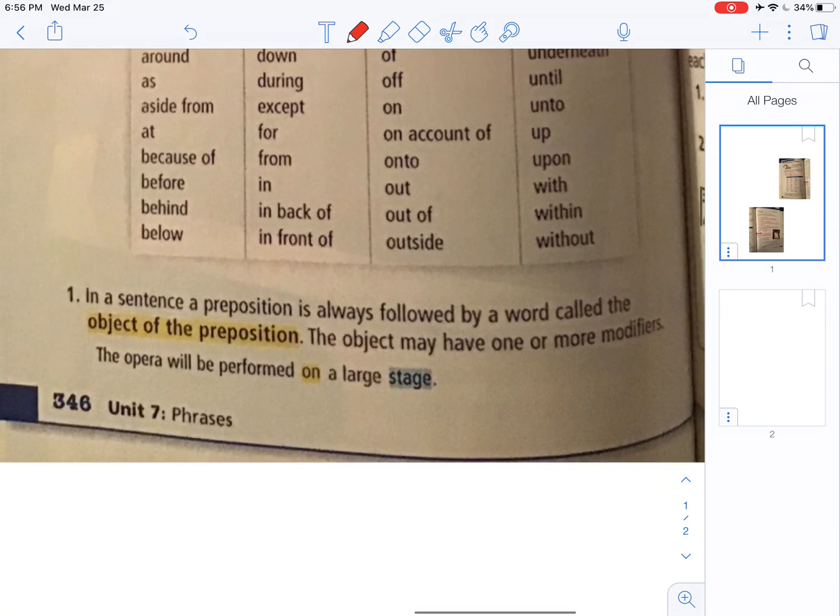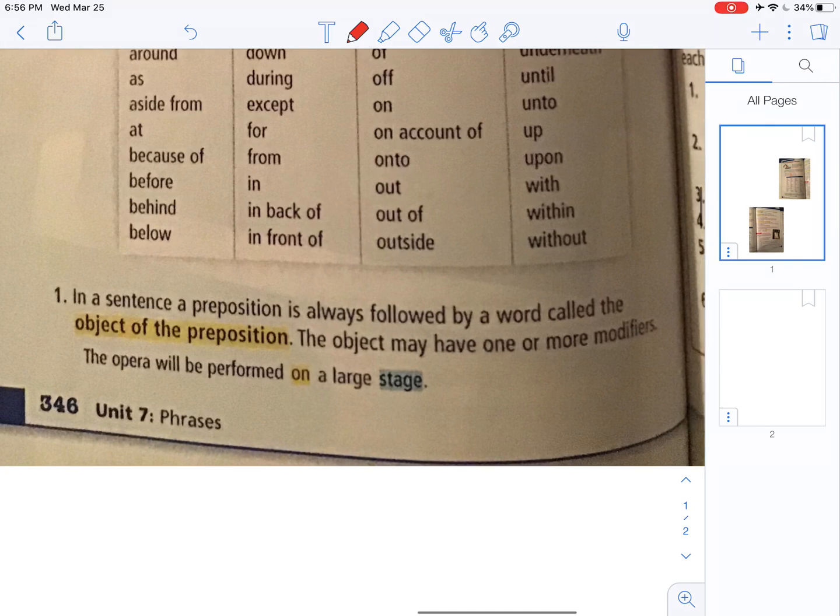So let's look at this first rule here. In a sentence, a preposition is always followed by a word called the object of the preposition. The object may have one or more modifiers. So, the opera will be performed on a large stage. My on is my preposition, and my stage is my object of the preposition.